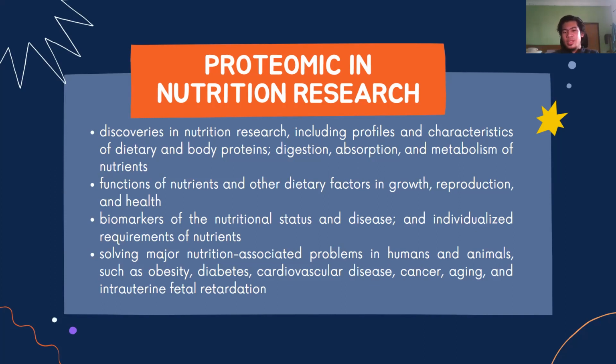So that's more than one actually of the chronic diseases that have been countered by using proteomic techniques. Not proteomics alone, maybe other techniques contribute too, but the main contribution in nutrition research that helps in fighting those chronic diseases is proteomics.